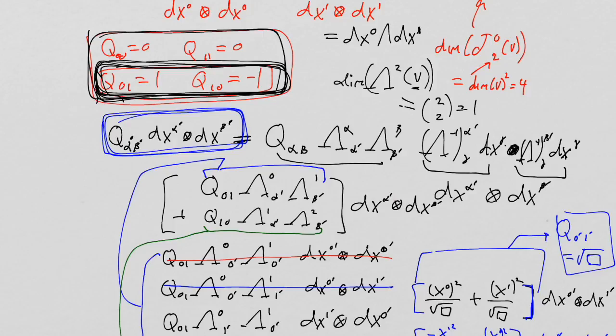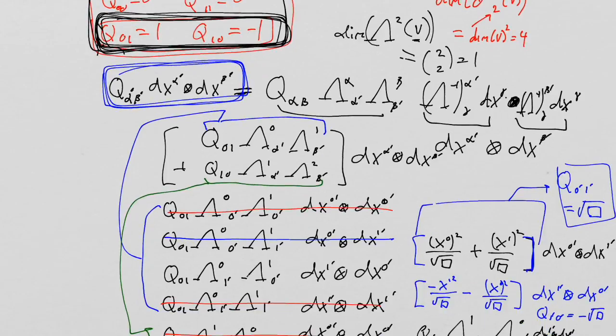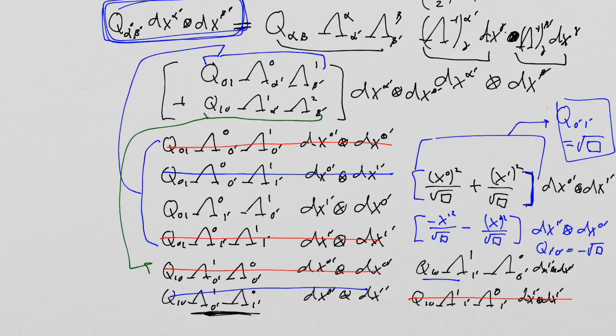It's conceivable that these matrices would have been such that the alpha prime equals 0 and the beta prime equals 0 component, that is, this part right here, would be non-zero. The reason it's 0 here is this canceled out exactly with this, because this was the opposite of that.